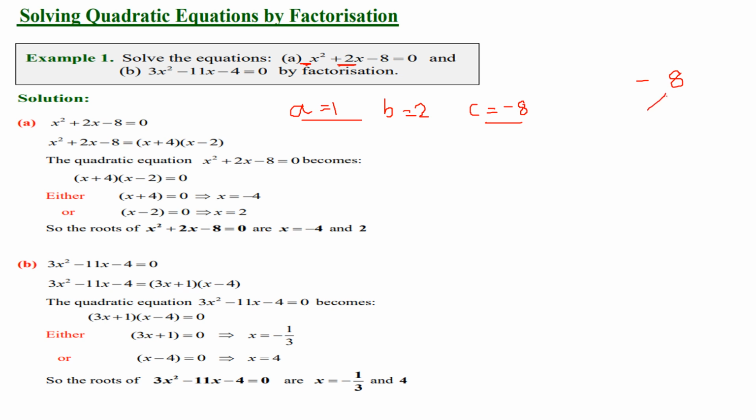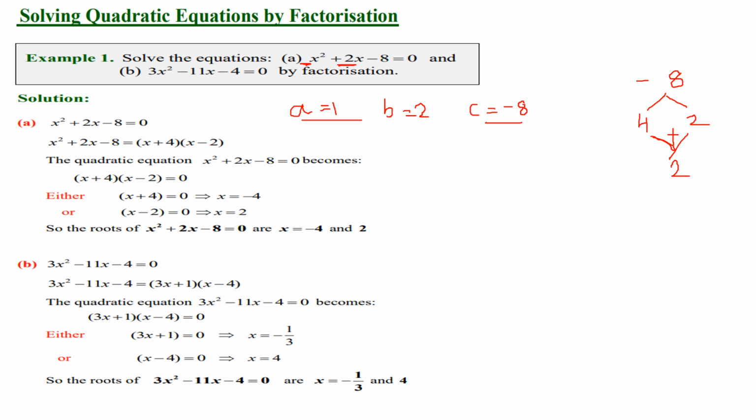And we have to find the factors of the number negative 8, and the sum of those numbers should give the value of B. This is the concept. So I have to find the factors of 8. 1 and 8 are factors, 2 and 4 are factors, but here the suitable ones are 4 and 2.